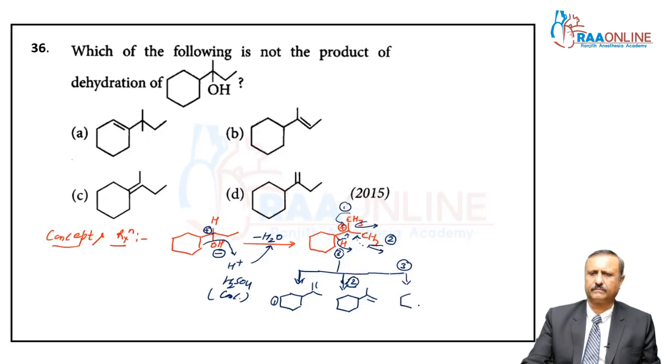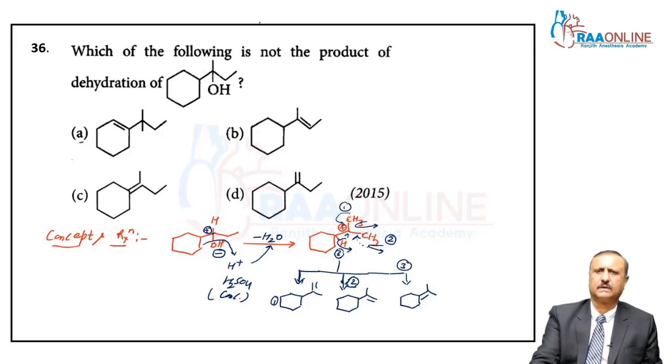Here you can see this double bond is formed. That's why, my dear friends, you can form these 3 structures when H plus ions are removed, or from the dehydration. So you can get here A, yes, this A is not formed here.